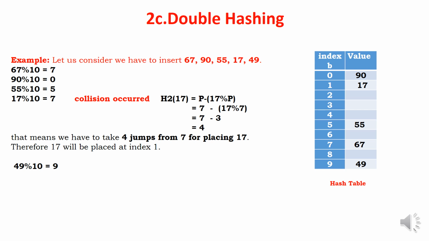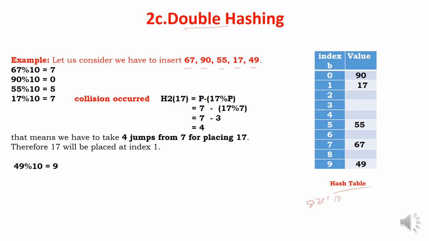Let me explain double hashing with an example. For example, I am going to store 67, 90, 55, 17, 49 in a hash table where the size of the hash table is 10, meaning there is a possibility of storing only 10 values. Initially all locations are vacant. Two hash functions have to be used.